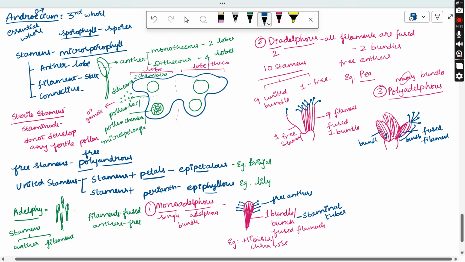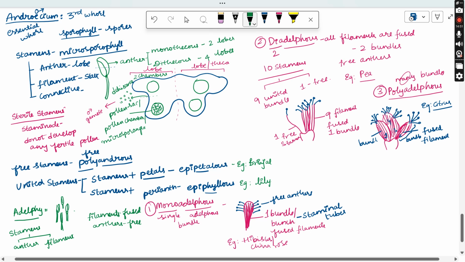Let us say this is 1, 2, 3, 4. So different bundles are there. Though the filaments are fused, as we discussed in the adelphous condition, all the anthers are left free. This condition we call the polydelphous condition, which can be seen in most of the citrus fruits.